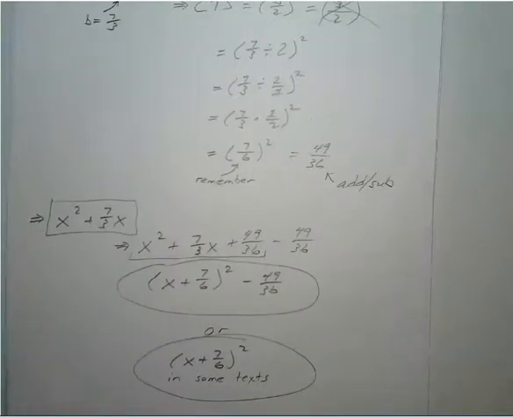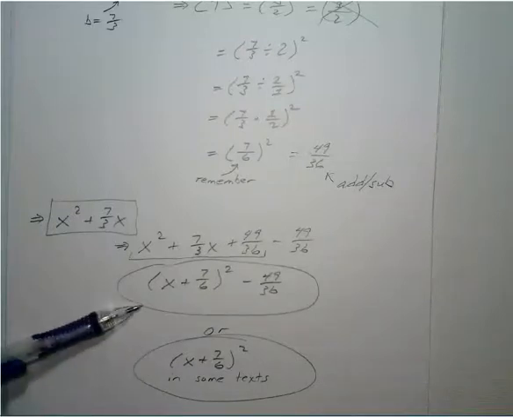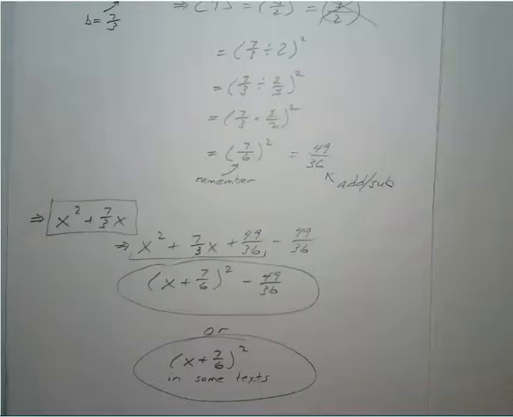So once again, it just depends on what book or program you're using, and that will identify which form they want the answer in. So that's how you complete the square if you just have a 2-term expression. Now we're going to solve equations using completing the square.